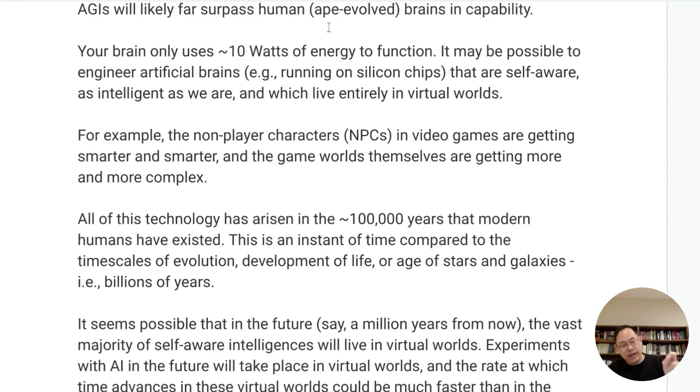Everything we're talking about is happening in a fraction of a blink of an eye in what you would call the cosmic or cosmological history of the universe. Okay, so in the blink of an eye, these apes came along, they got smart, they built a civilization, they learned to build steam engines, and pretty soon they were creating artificial creatures smarter than themselves.